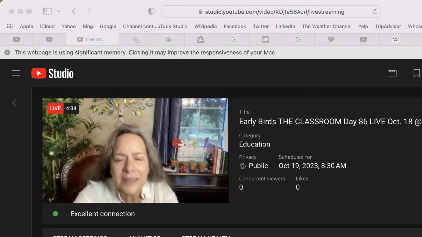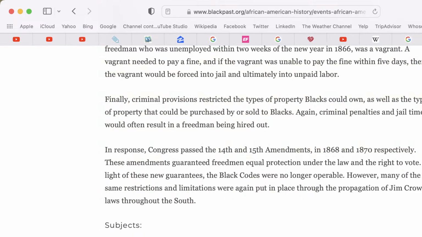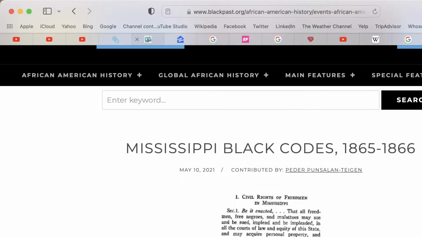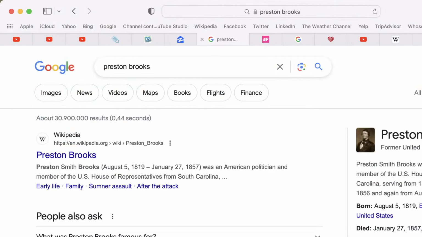Okay. There's me again looking up close. Looking up Mississippi black codes. That has got a little bit of a weird history.